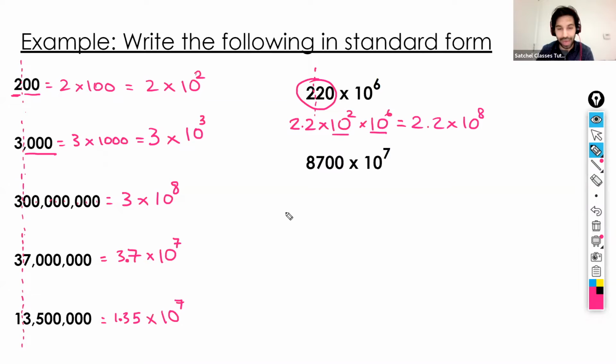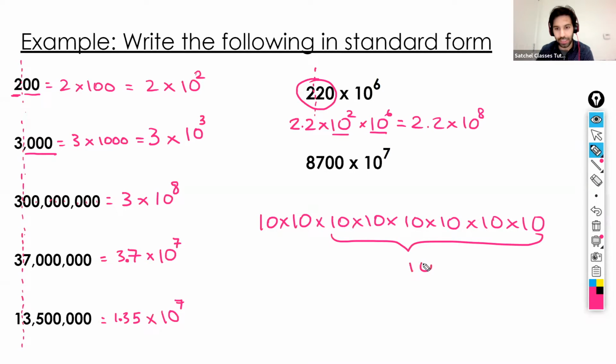Alternatively, you could think of it as 10 squared times 10 times 10 times 10 times 10 times 10. So I've got 1, 2, 3, 4, 5, 6. So that's 10 to the power of 6 multiplied by 10 squared, or I'm multiplying 10 by itself 8 times. So that's going to be 10 to the power of 8. 1, 2, 3, 4, 5, 6, 7, 8.